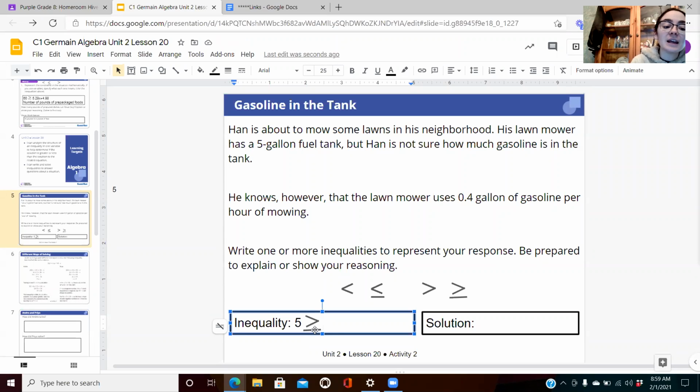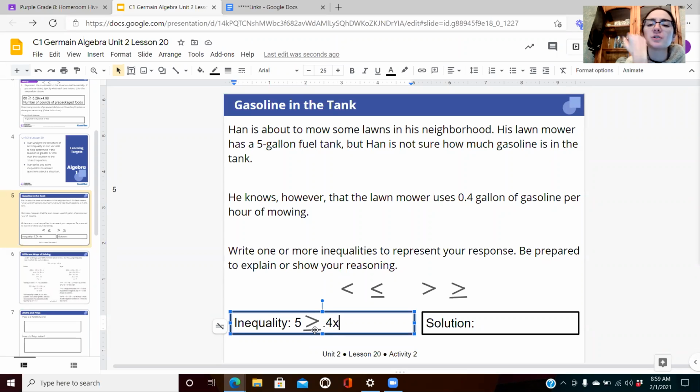And then Peyton said, so 5 is greater than or equal to 0.4x, where x would represent our what? What do we think our x would represent? Or Gabe, you said h.